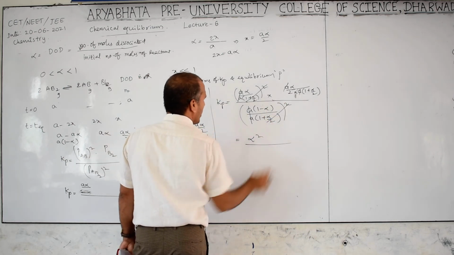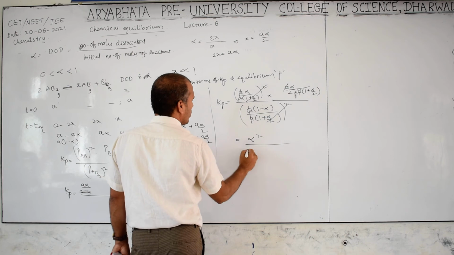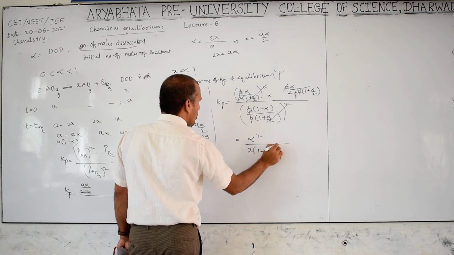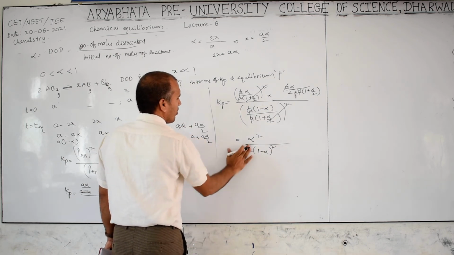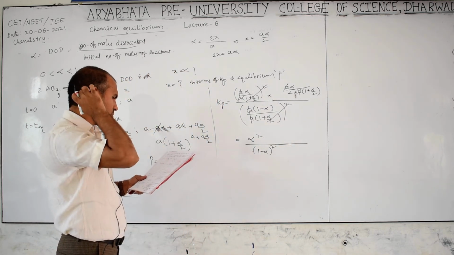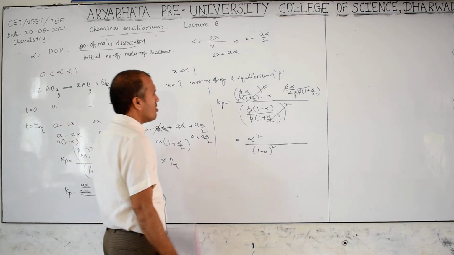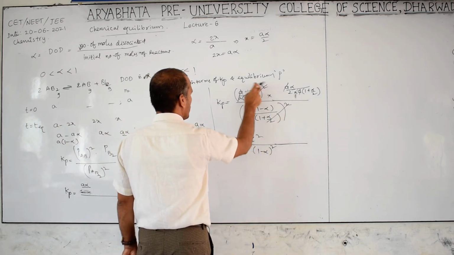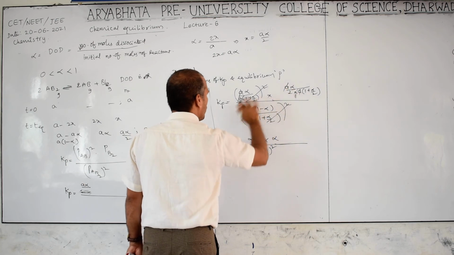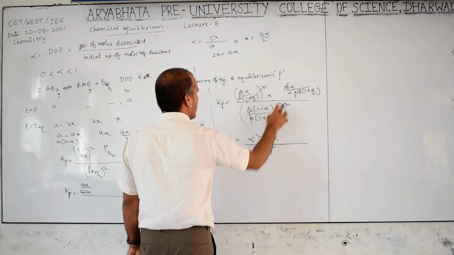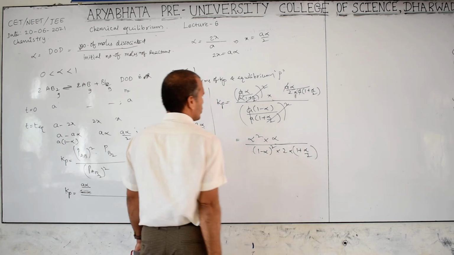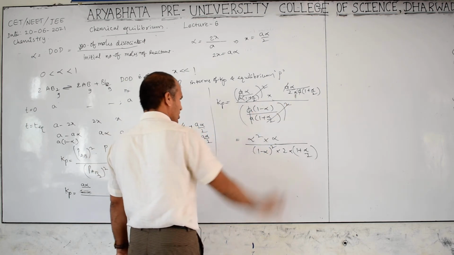Then the denominator has 1 minus alpha whole square. This total part cancels and only alpha square into alpha is in the numerator, and this will be the denominator, then here 2 into 1 plus alpha by 2, and this 1 minus alpha square.